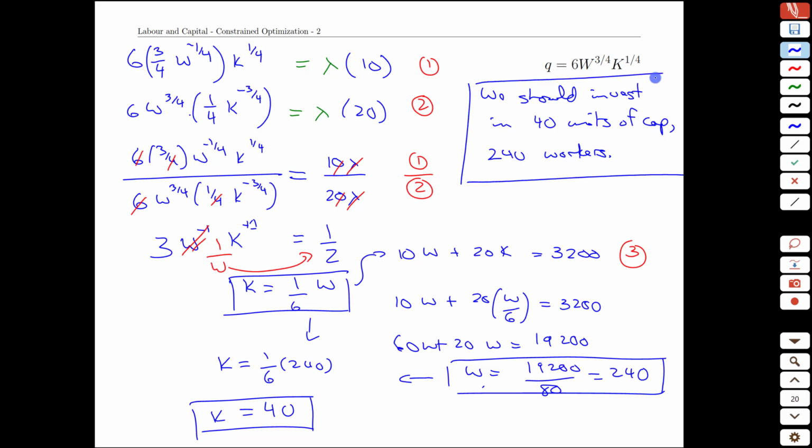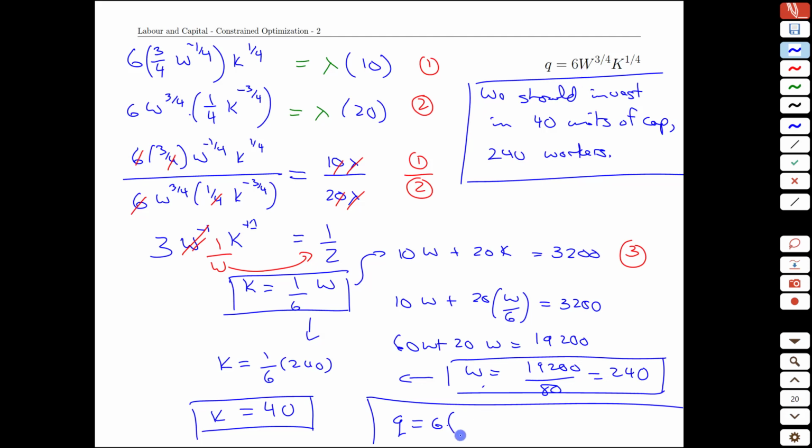And that'll produce the optimum quantity of production for this particular scenario. And we can actually calculate that quantity. It will end up producing 6 times our W value, 240 to the 3/4, times 40 to the power of 1/4, 920 units.